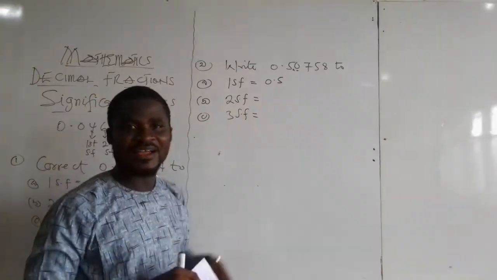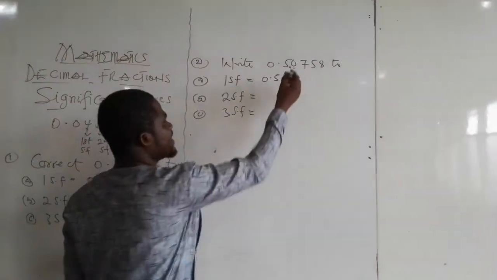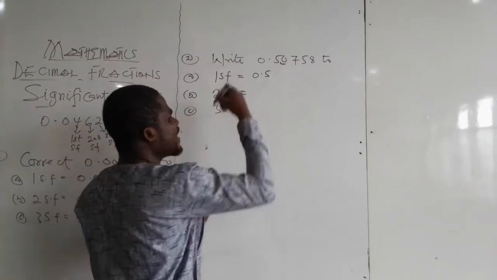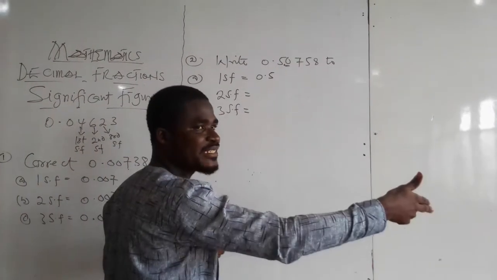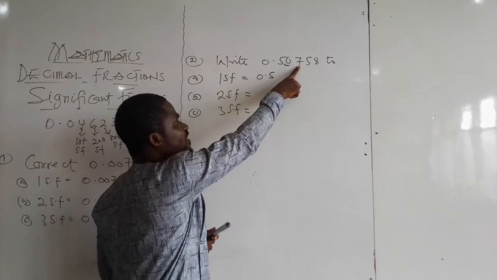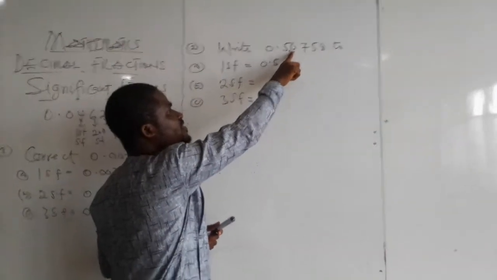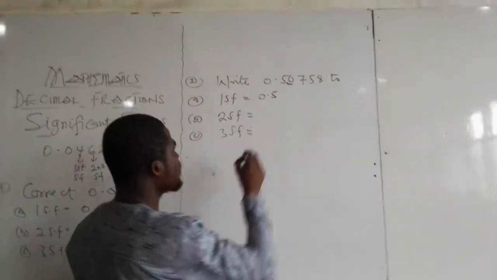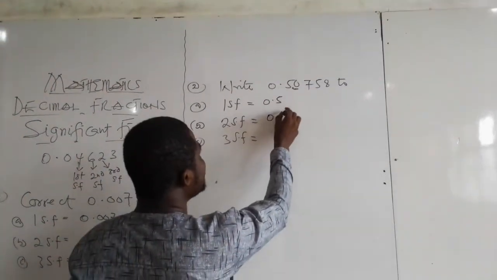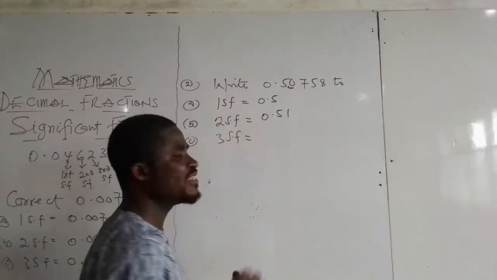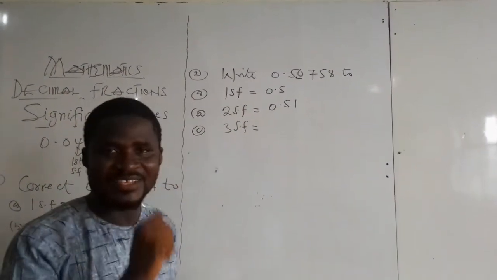Significant figure. So my second SF is the 0. Look at the next number at your right hand side. That's 7. 7 is more than 5. So I'll add 1 to the 0 to become 1. So I'm going to have 0.51 as my second significant figures.